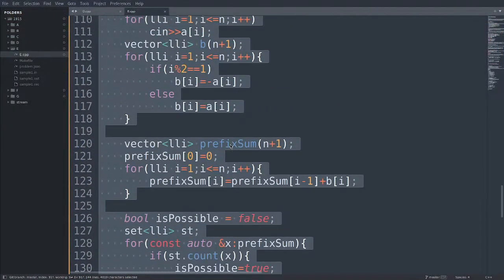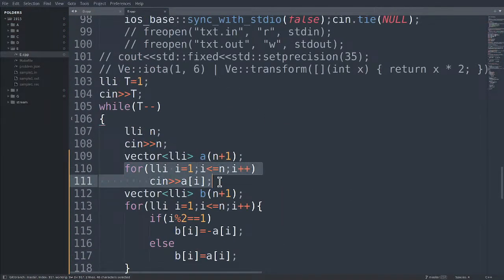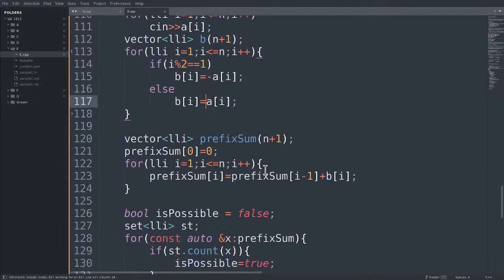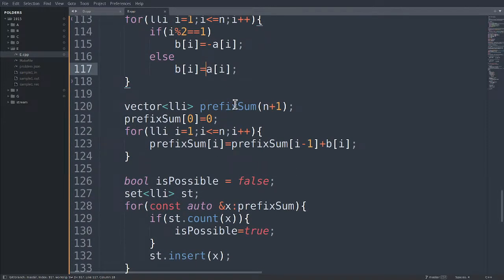Going through our idea again, we first take the array as input, then we multiply every element by minus 1 to the power i. So for odd, we multiply by minus 1, for even it remains same. And then we create a prefix sum array where the ith element denotes the sum of elements up to i. For finding the sum of first i elements, we take the sum of first i minus 1 elements and add the ith element to it.